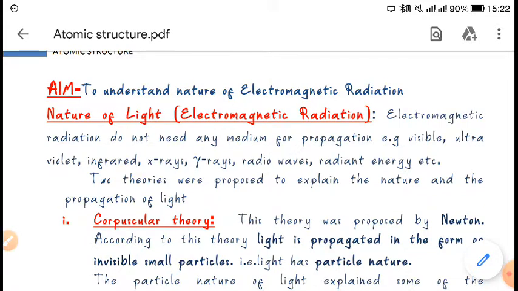These fields are transmitted in the form of waves called electromagnetic waves. So what are electromagnetic waves?